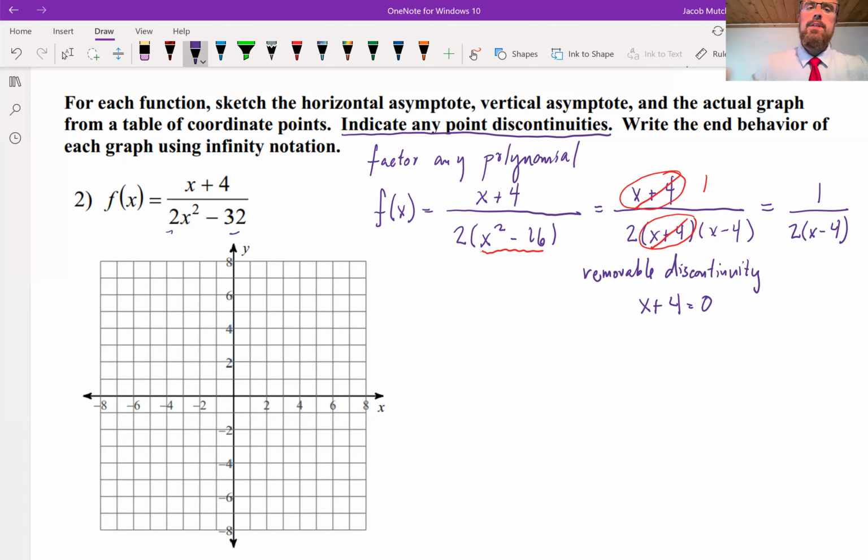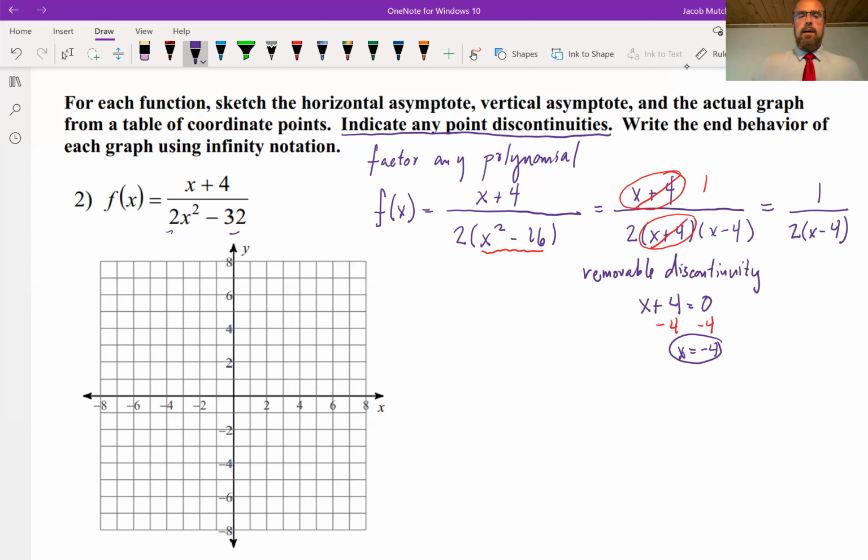So this one's easy to solve by subtracting 4. And immediately I see that my removable discontinuity is at x equals negative 4. So that's going to show up on my graph as really just a gap or a hole in the graph. So it's not something I graph immediately. I'm just going to hold on to it.